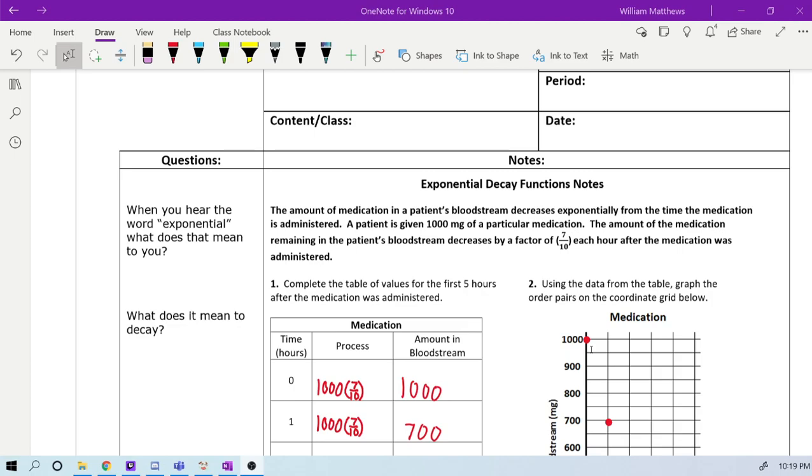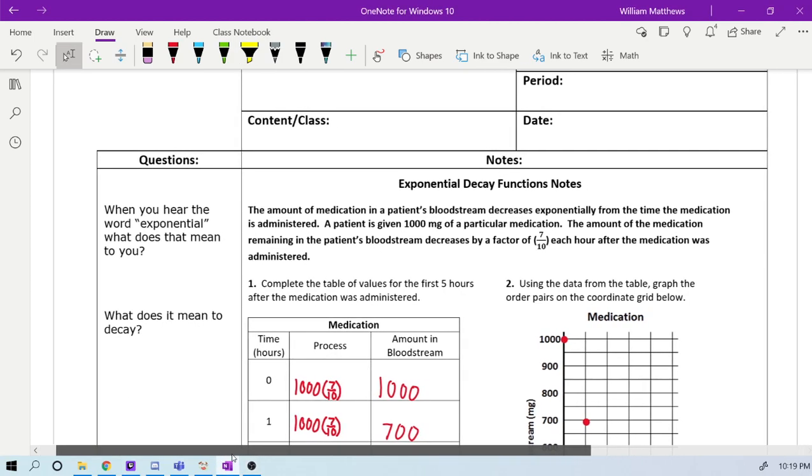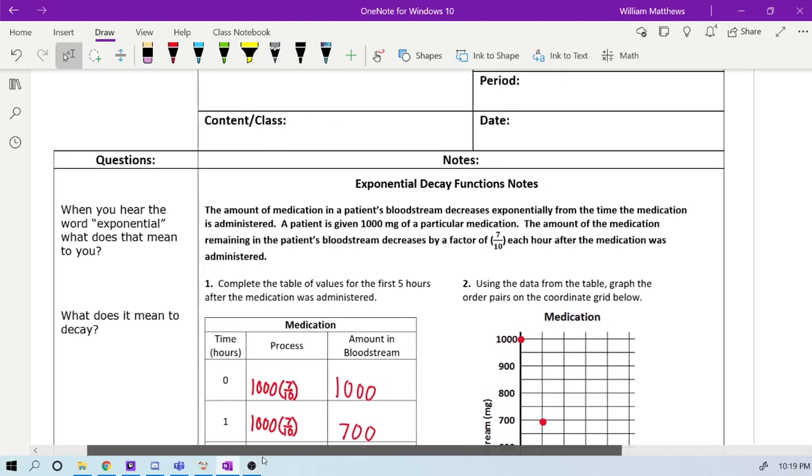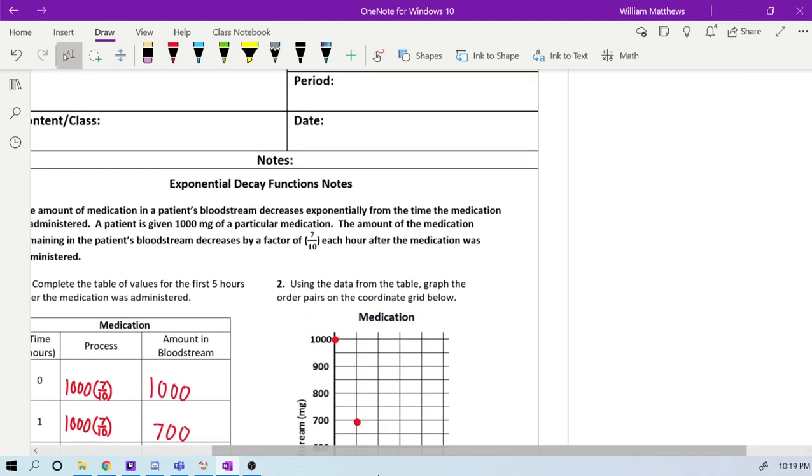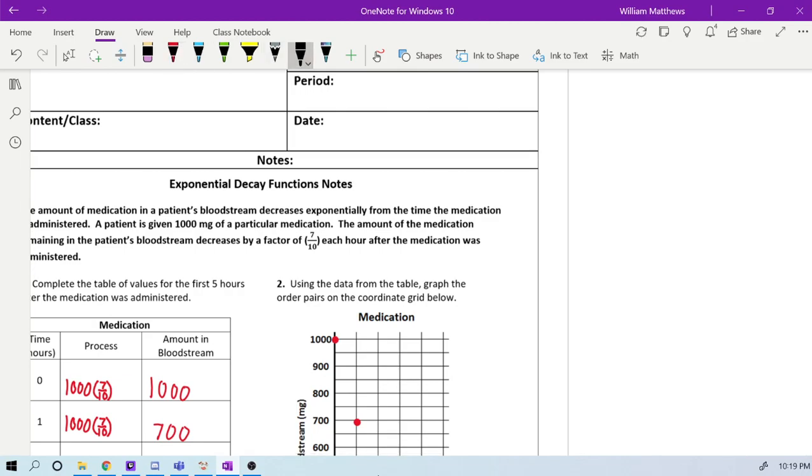Now, in this case, the way that this is exponential is that it's being multiplied every hour by the same factor. If we were to create an equation for us to have a starting point, we could say that our total amount of medication is equal to the starting value of the medication, which was 1,000.